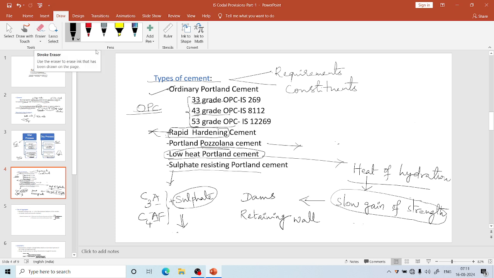As C3A and C4AF are the main materials that react with sulfate, we reduce C3A and C4AF to get sulfate resisting cement. We use it mainly in underground construction where there is possibility of sulfate attack, and in marine structures.